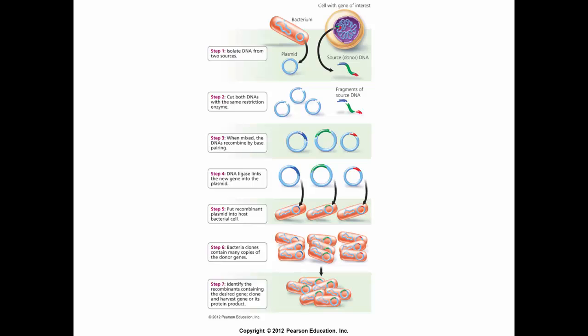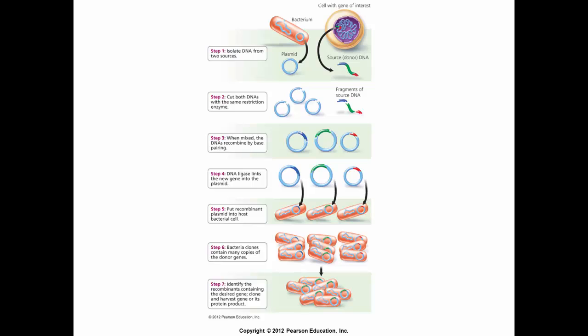When mixed, the DNAs are going to recombine by base pairing. DNA ligase enzyme links the new gene into the plasmid. This recombinant plasmid containing this gene of interest is placed back into the bacterial cell, and the bacterial clones contain many copies of the donor genes.